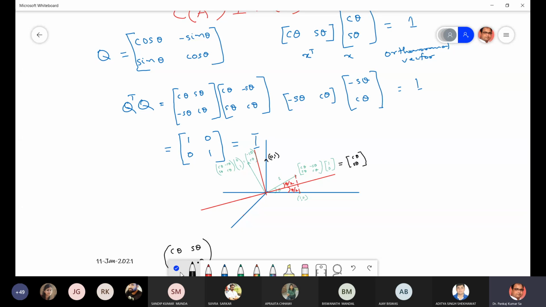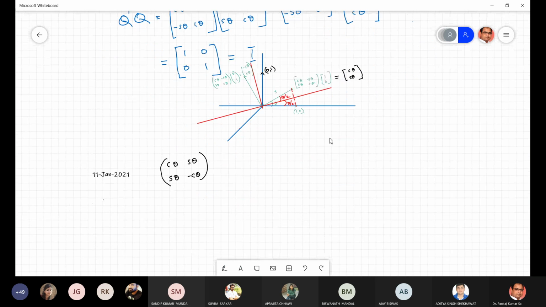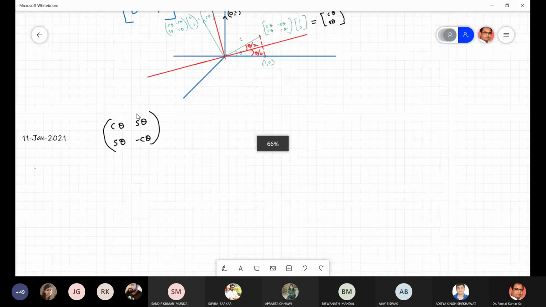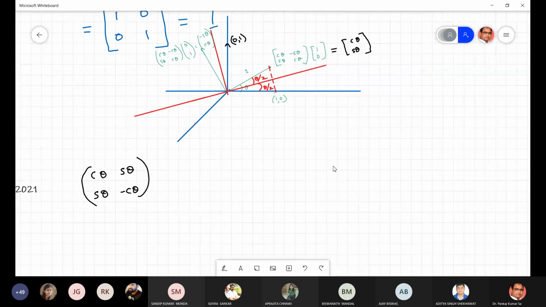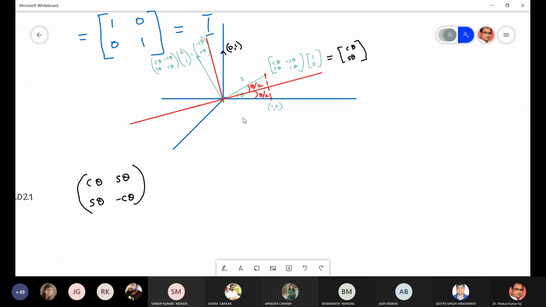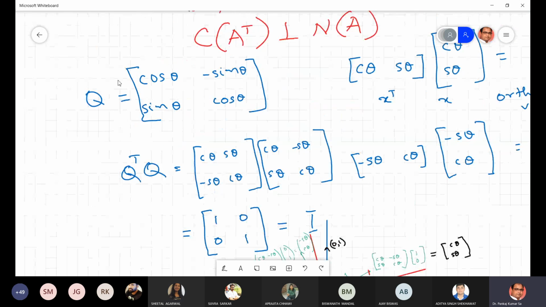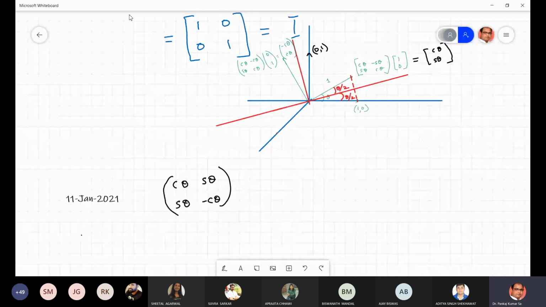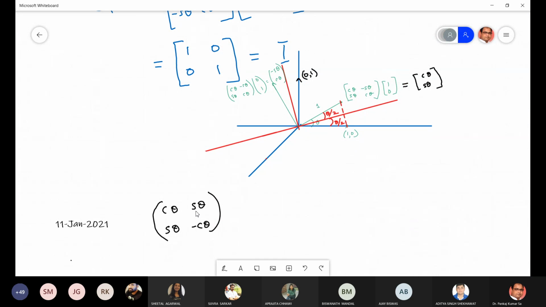So what exactly does this become? This is Q, not Q transpose. Q transpose would be cos theta, sin theta, minus sin theta, cos theta. But here I am writing something different: I am writing minus cos theta.